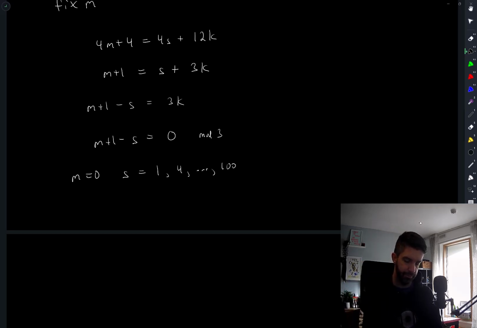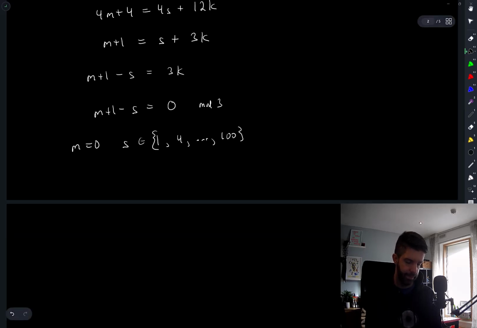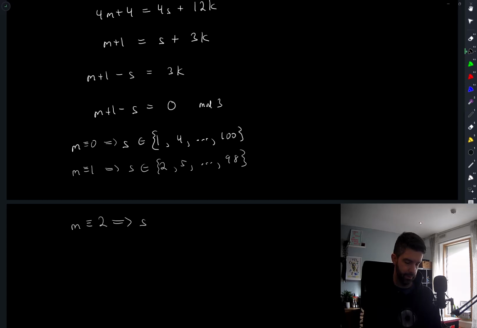It can be up to 100. And in fact, this is if M is 0 mod 3. If M is equal to 1 mod 3, then S has to be from 2, 5, all the way up to 98. And if M is 2 mod 3, then S has to be 3 up to 99.